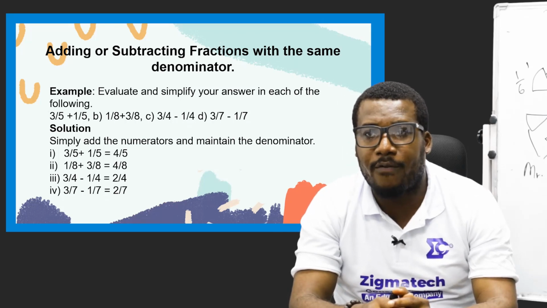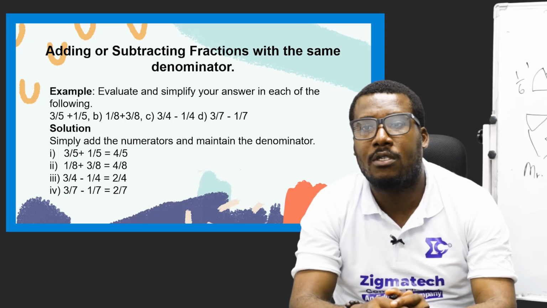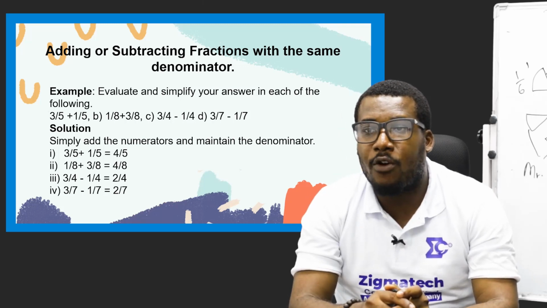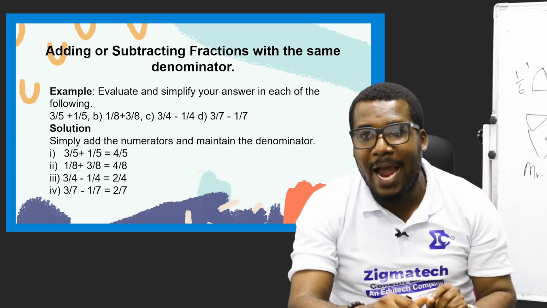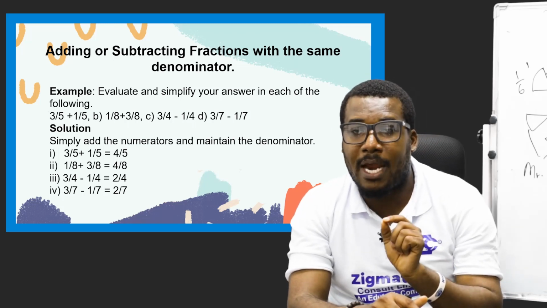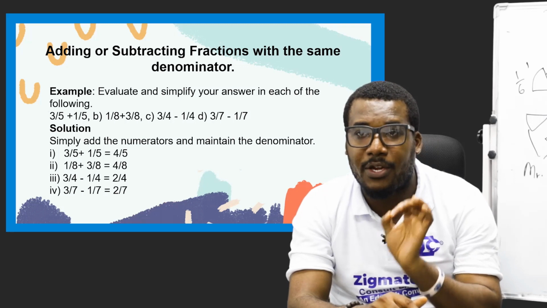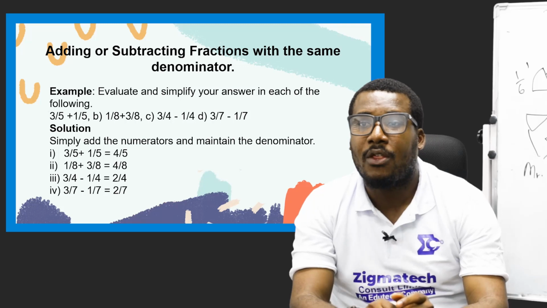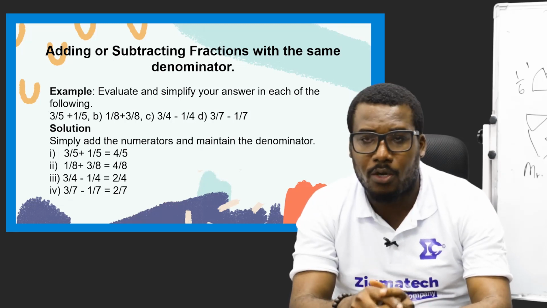Third one, 3/4 minus 1/4, the third one is actually a minus, please. Let me take that again. The fourth one is 3/7 minus 1/7.